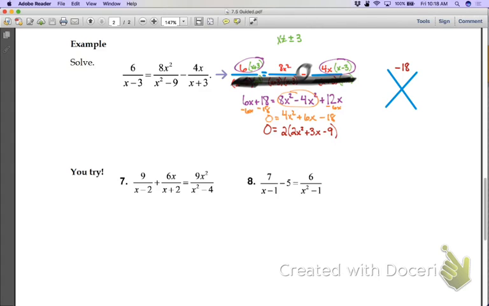Just do it. Okay. 2x and x. I need to get 9. So 3 and 3. That's going to be a positive. That's going to be a negative.